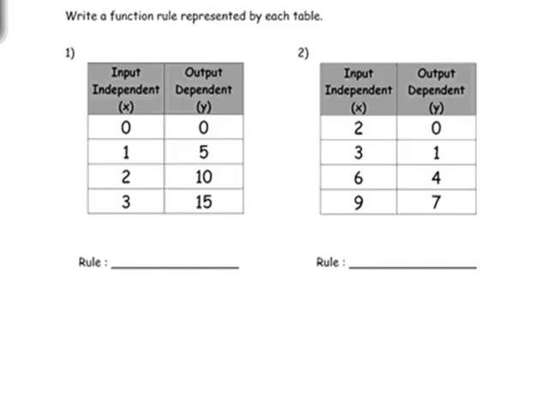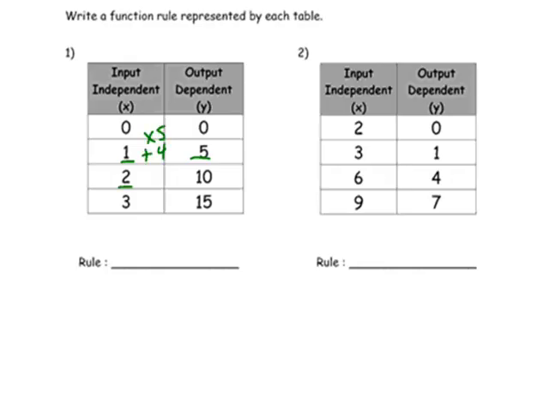So let's take a look at some input-output tables and see if we can figure out what the equation or the function would be. Now, when I have 2 zeros, I kind of ignore those and I look at the other numbers first. So if we look at 1 and 5, well, it could be times 5, it could be plus 4.